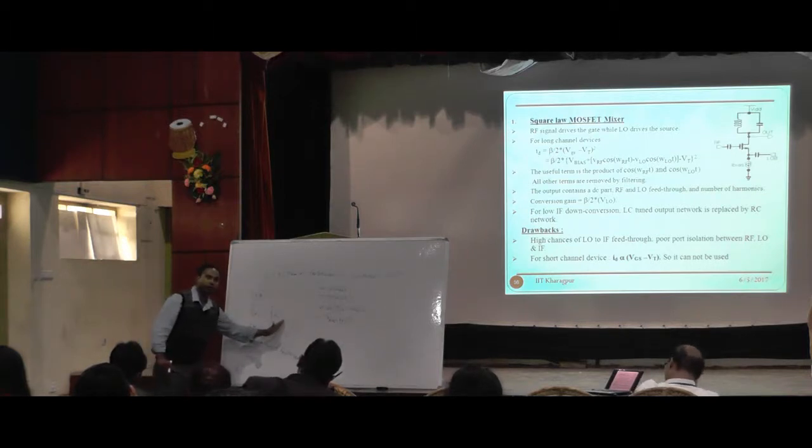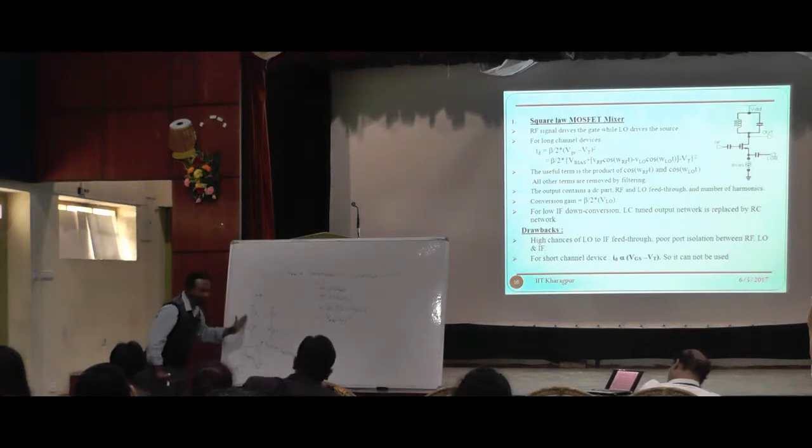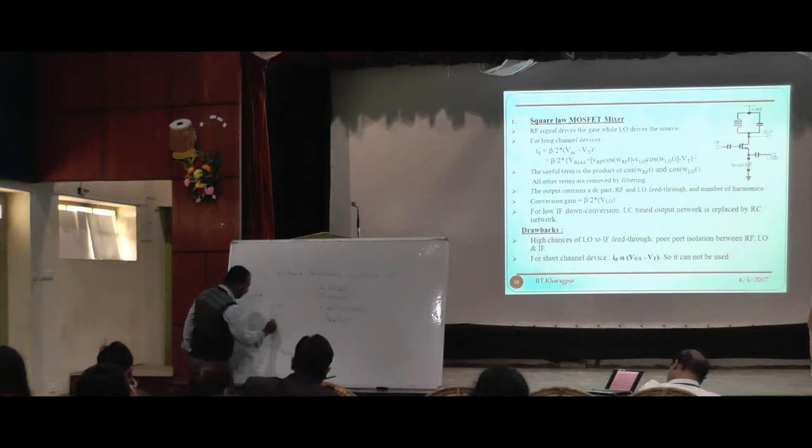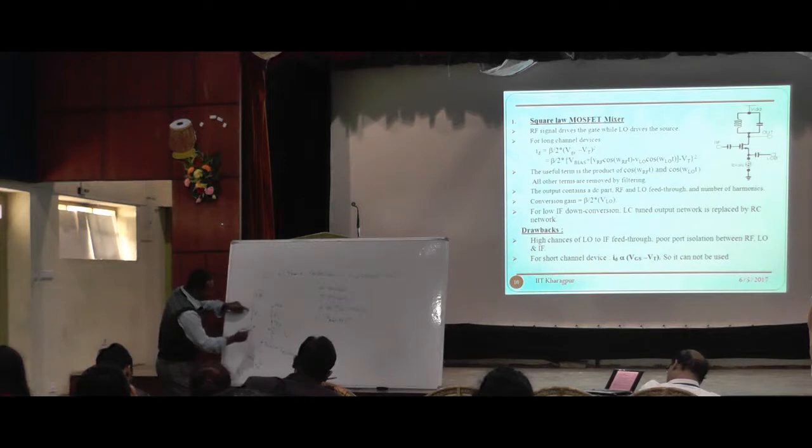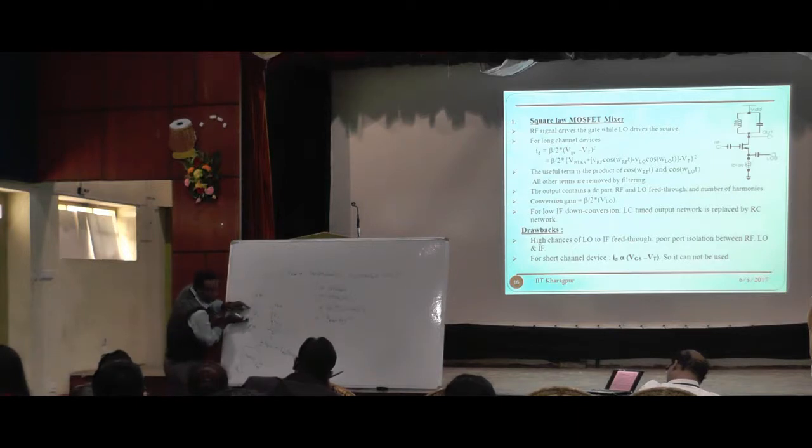What is the benefit of that? The benefit is that when I am getting the current in this path, I will have some voltage drop, but I don't have a voltage drop here, if I assume it is perfectly off and perfectly on. So if my power supply is VDD, then I will have VDD minus this much current into RL.